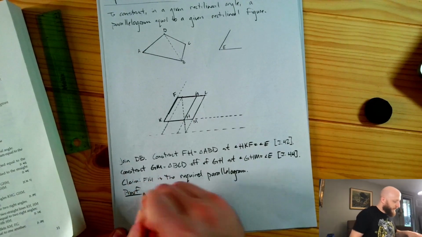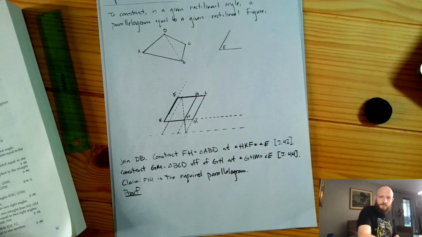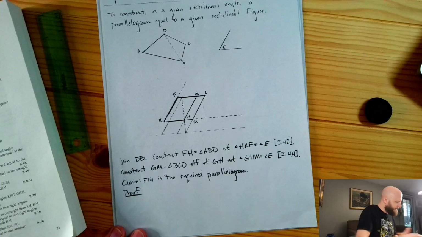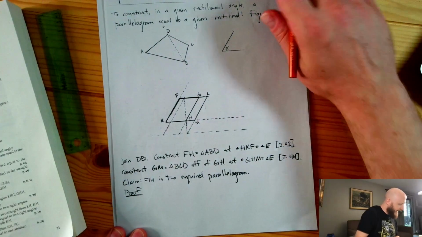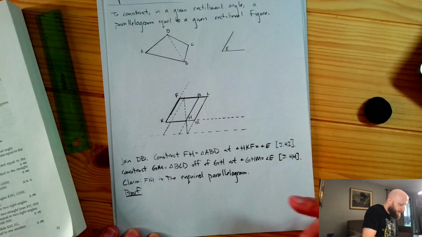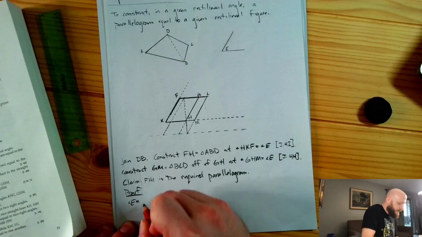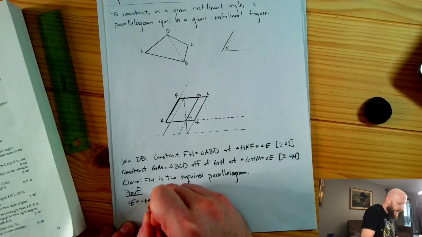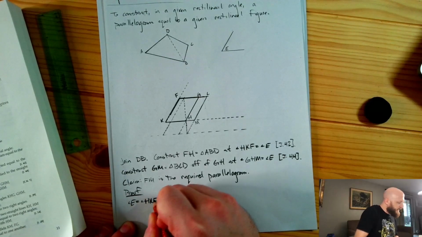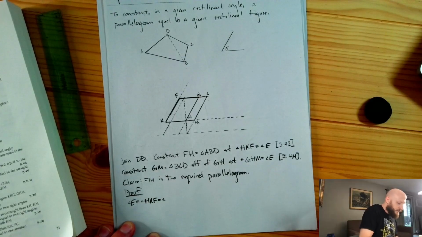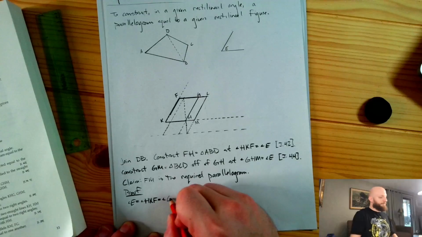Okay, and I'll try to maybe write it a little bit quickly. We have that angle E is equal to angle HKF, and angle E is also equal to GHM.